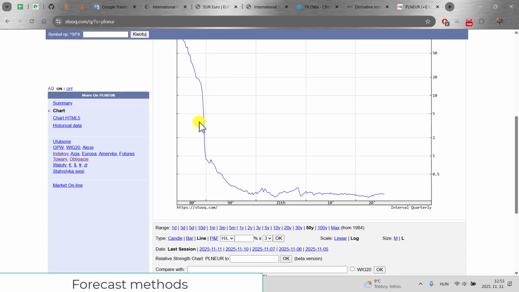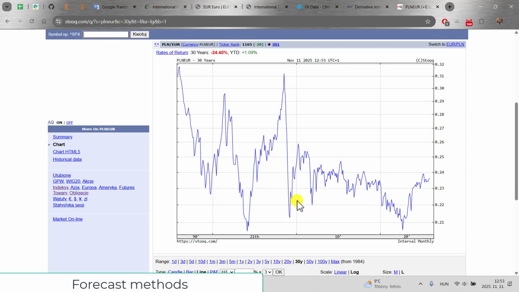And if you are not considering this huge depreciation, so let's see the last 30 years, they implemented free floating in the late 2000s, and since then we can see that sometimes it can have high volatility, especially during crisis years, but otherwise this is quite calm and is not going anywhere.